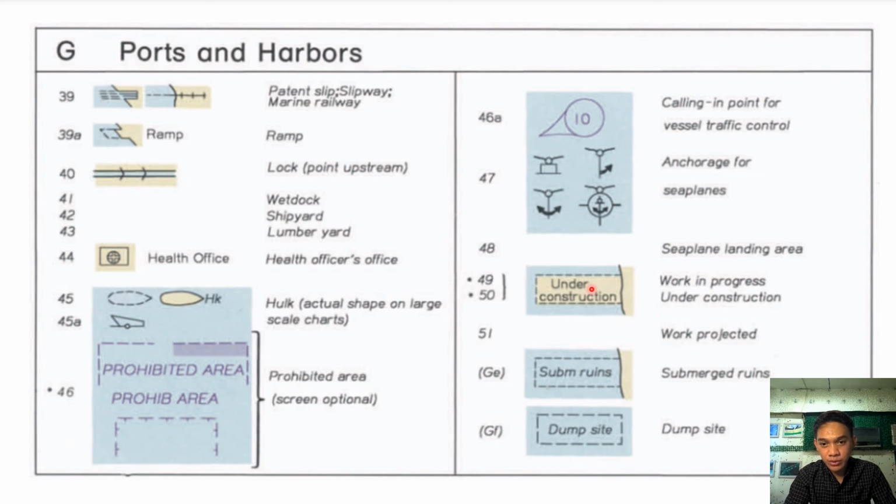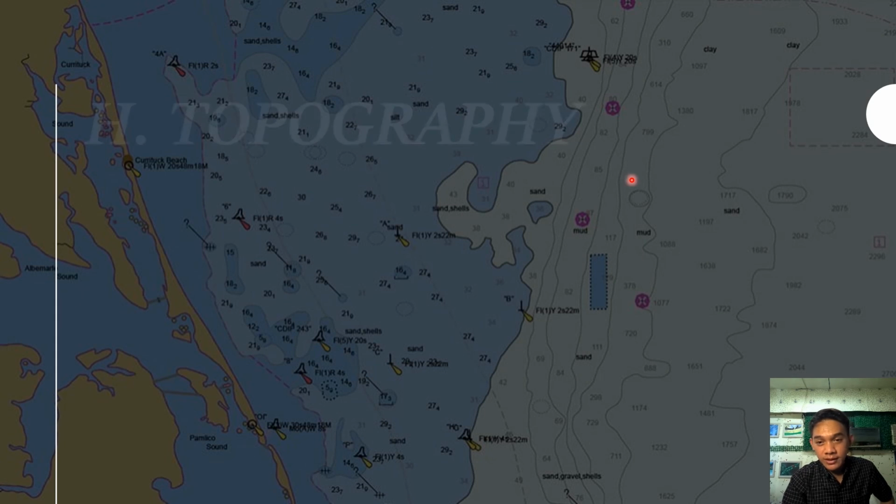So you can easily understand this. This right here, under construction. And then the next is submerged ruins, sub-M ruins, like this. The next is dump site, which is basically the name on the inside. I think that will be all for my part.